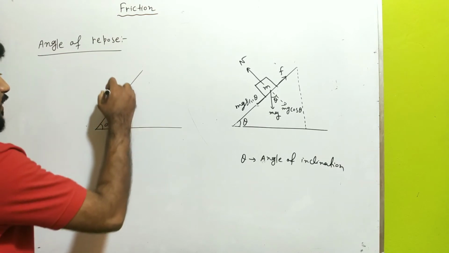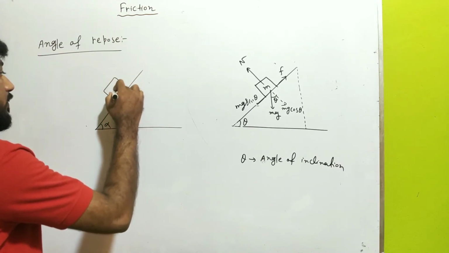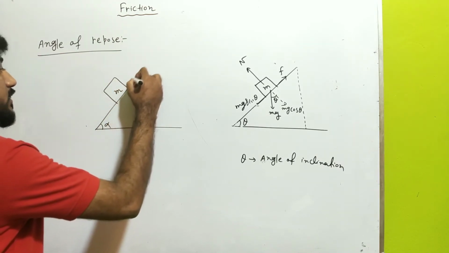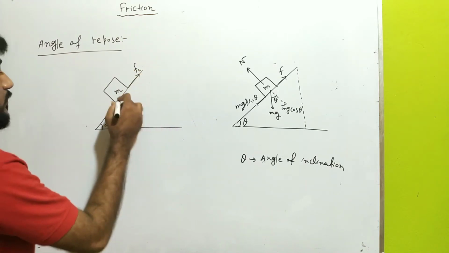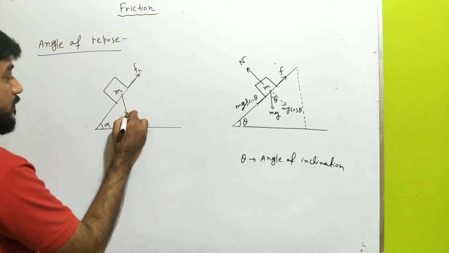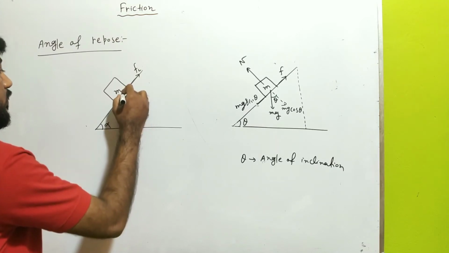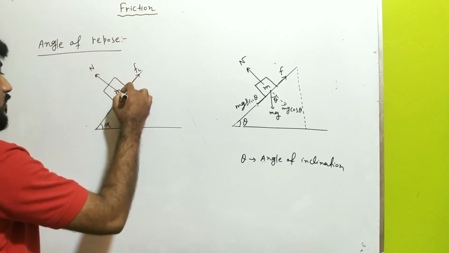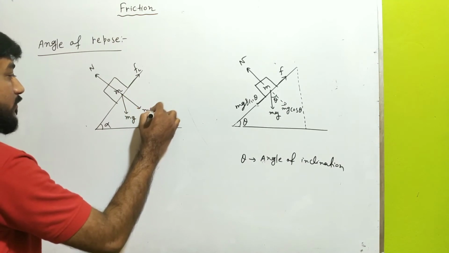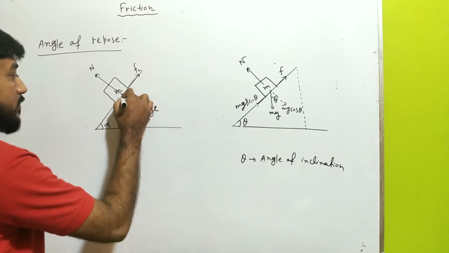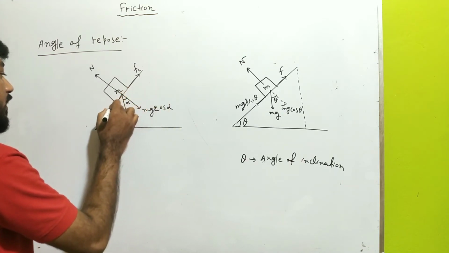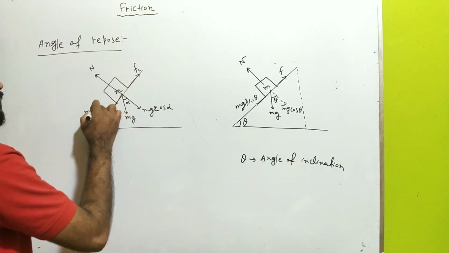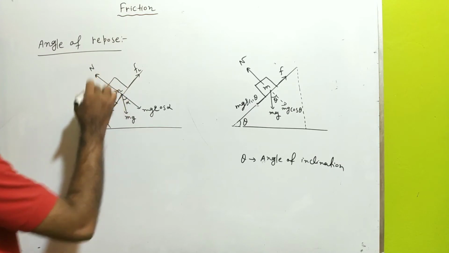When this angle is alpha, the frictional force, basically this F, will be FL, and the other forces are mg, the normal reaction, mg cos alpha, and along this direction mg sin alpha.